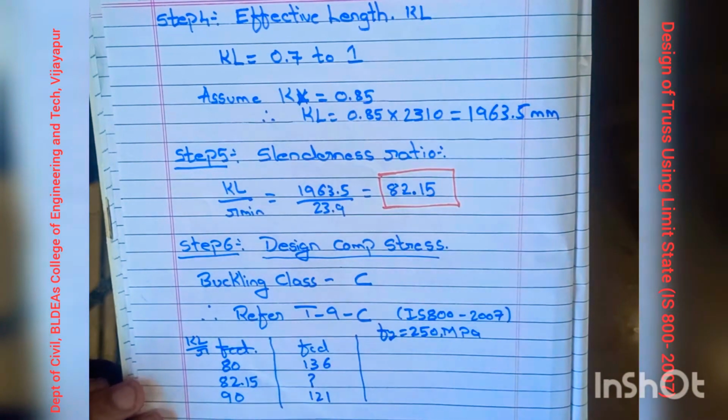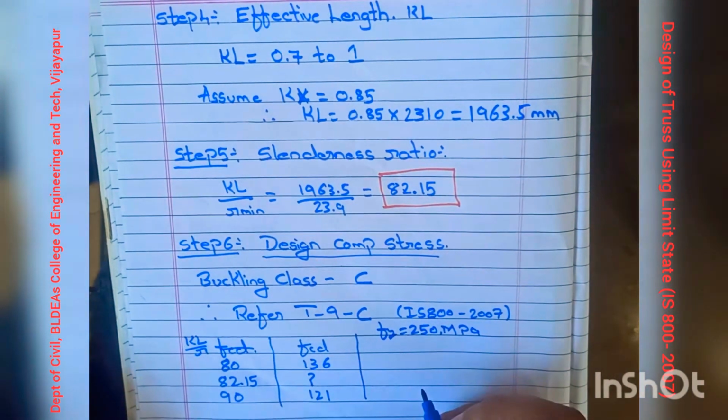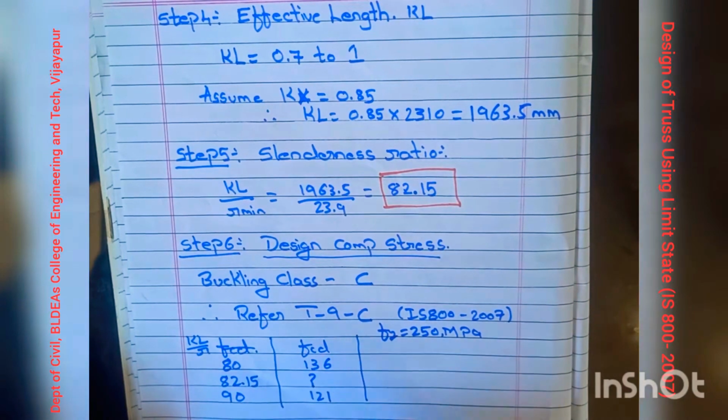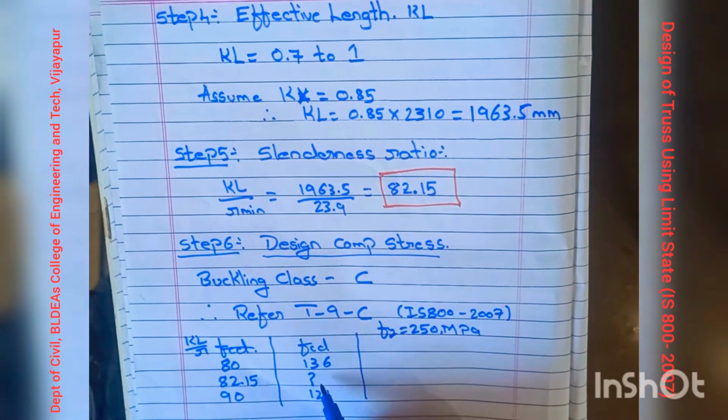You can do interpolation and find it out, but what I suggest is, instead of wasting time, you take the approximate value. For 80 it is 136, for 90 it is 121. So for 85 it will be somewhere around, the difference is 6 plus 9, 15, so 7.5 difference. 136 minus 7.5 for 85, that is 129.